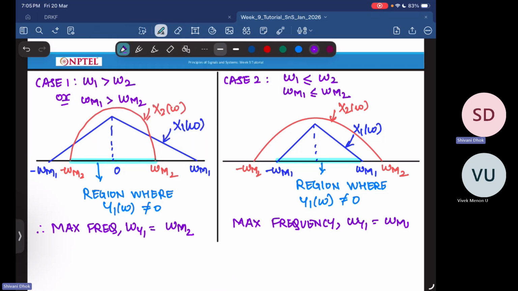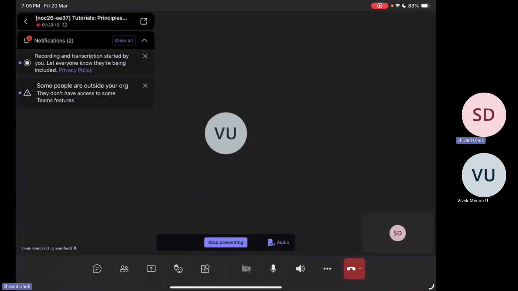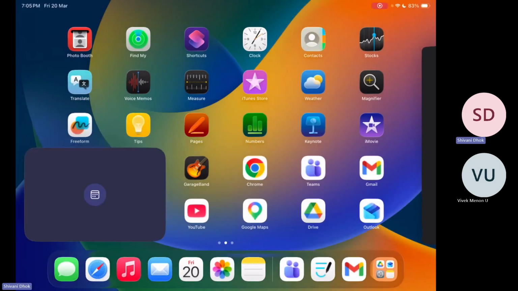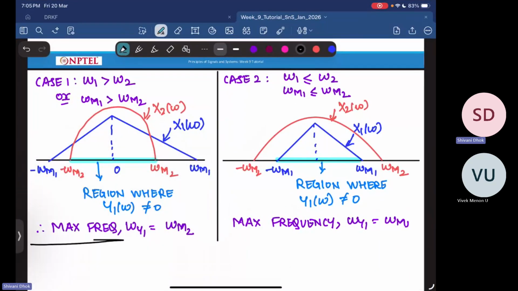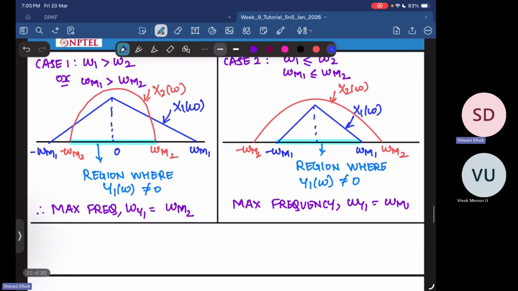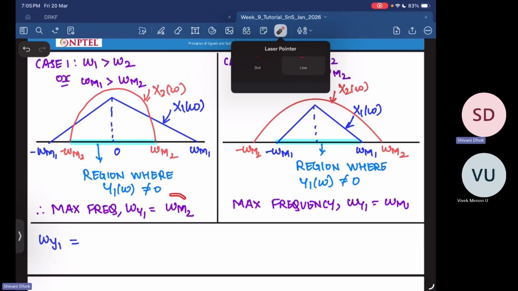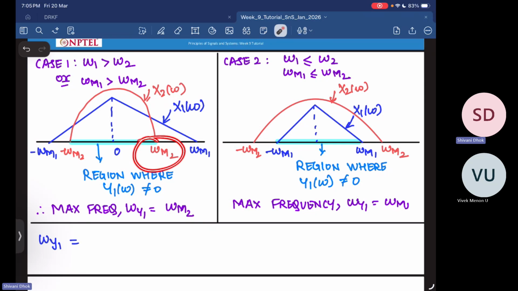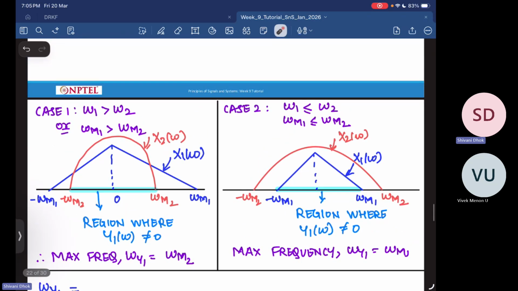So what is happening here? In the first case, omega y1 picks up the minimum of omega m1 and omega m2, and in the second case omega m1 was less than omega m2, so again it picks up the minimum of omega m1 and omega m2.